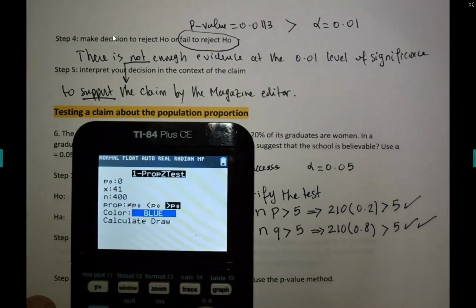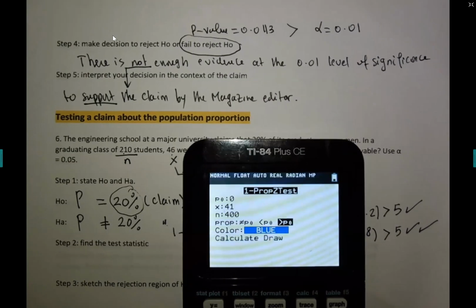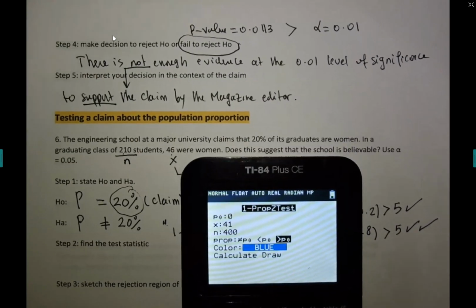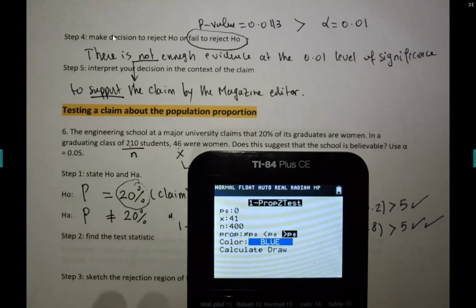Okay, guys, can you help me out? Fill in the blanks. P0 is what you have in the null hypothesis. P0 stands for the assumed value in the null hypothesis to be true until proven otherwise. It's 0.2. What is X here? 46. X is always the smaller number, guys. What is N? 210. And what we're testing, not equal to.